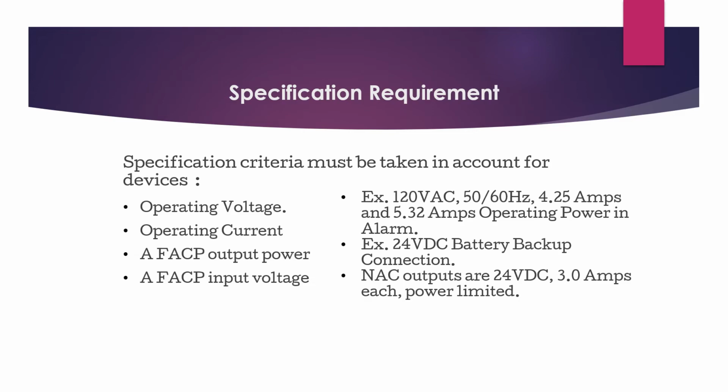So we use those to match numbers that we're going to place on each output circuit or input circuit. And then we're going to look at the output power that comes from each panel and the input voltage that is required, whether it be for the device or the whole system by itself, right?